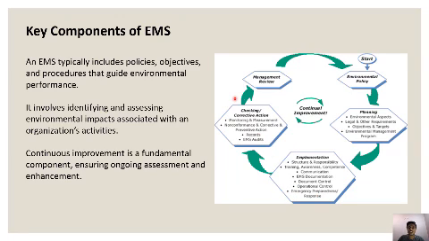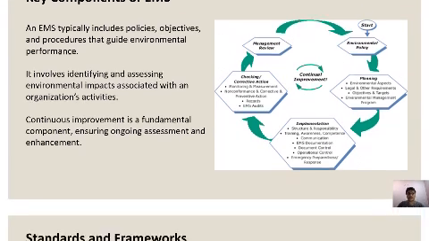Next step is checking and corrective actions: monitoring and measurement, non-conformance and corrective and preventive action, records, EMS audits. Next step is management review. Like this, the key components of EMS continuously act in the management process.